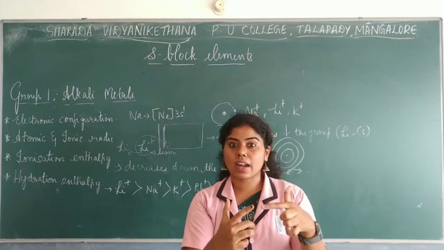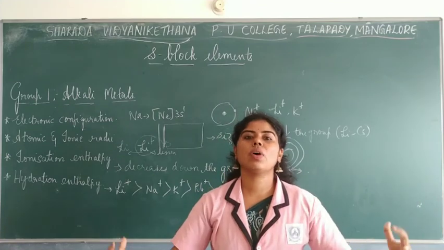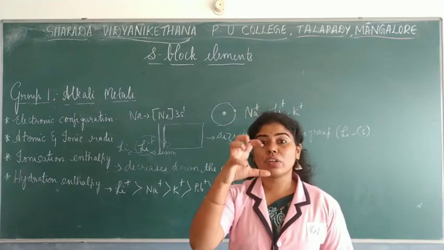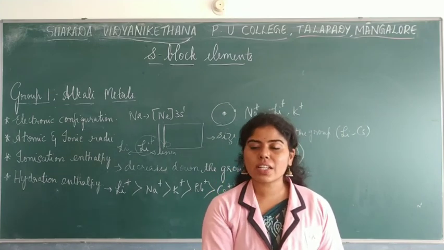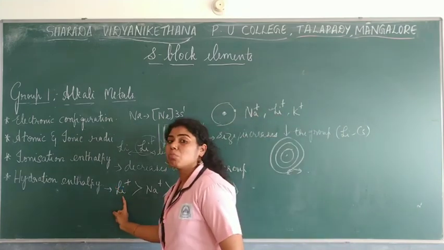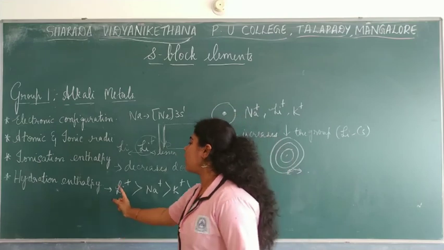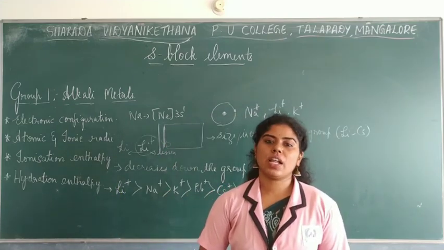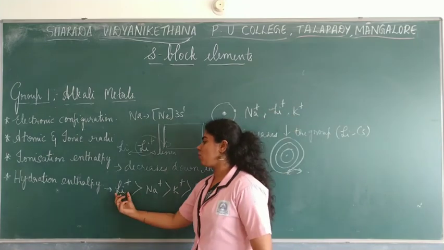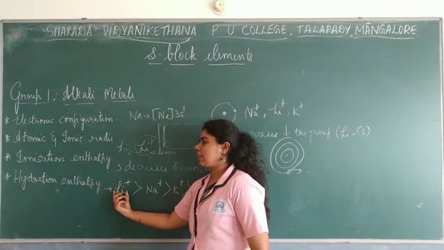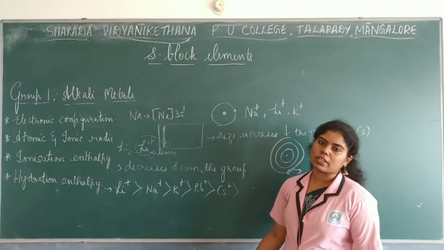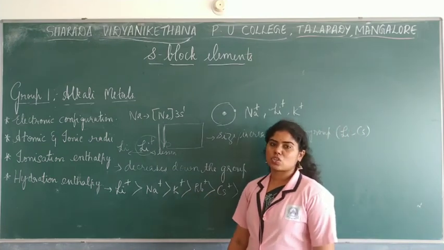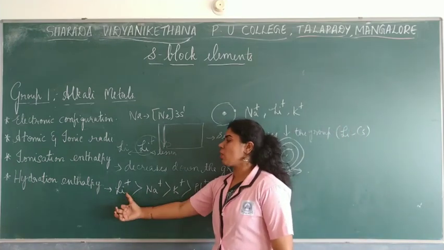So this attraction is being reduced, so an equal amount of energy is released. So lithium, as it has a smaller size, releases more energy, and that's why lithium ion is said to have more hydration enthalpy. So the values you get will be more for lithium ion when you compare it to all the other ions present in the first group. So this is one thing to be remembered.